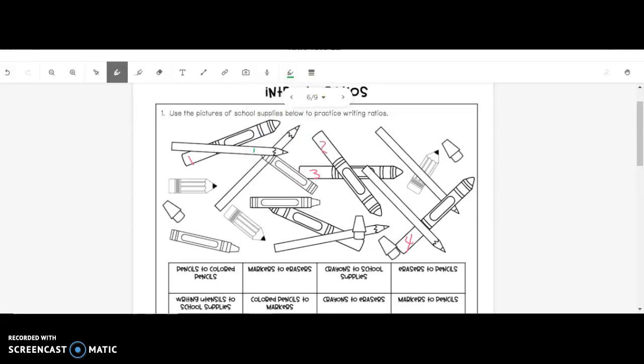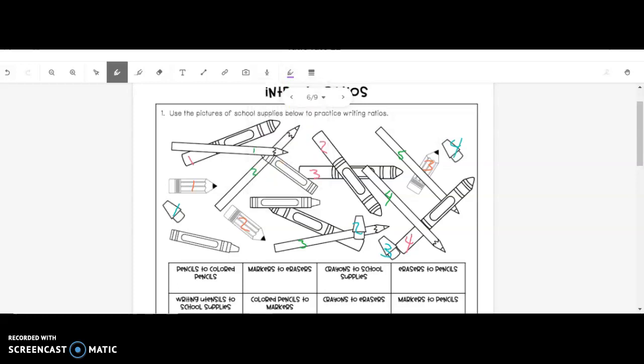I've got 1, 2, 3, 4, 5 colored pencils. We've got 1, 2, 3 regular pencils. I've got 1, 2, 3, 4 erasers.